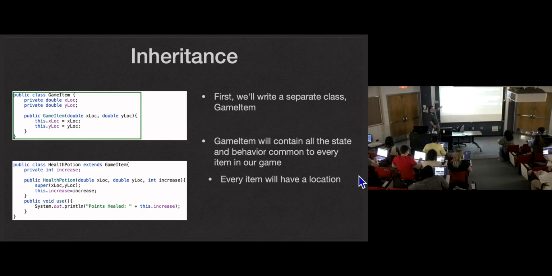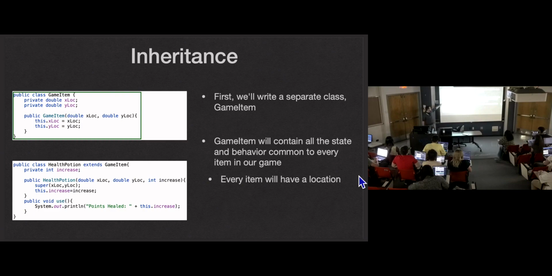Right now it's just health potion, but we're going to bring in weapon as well. And anything that's common between those 2 classes, we're going to put in the game item class and say every game item should have location in our case. Every game item needs a location in this XY grid, in this game world. So we're going to put that in the game item class.